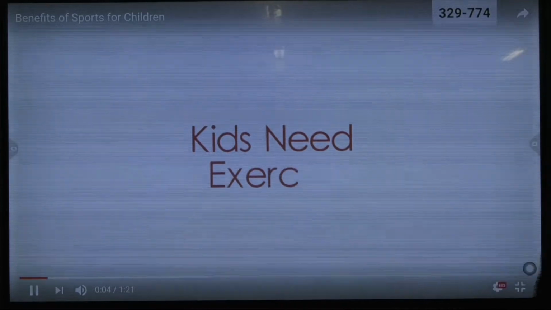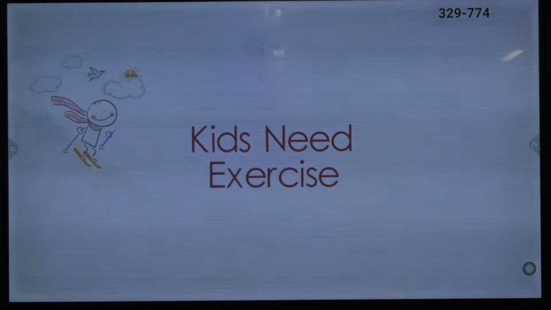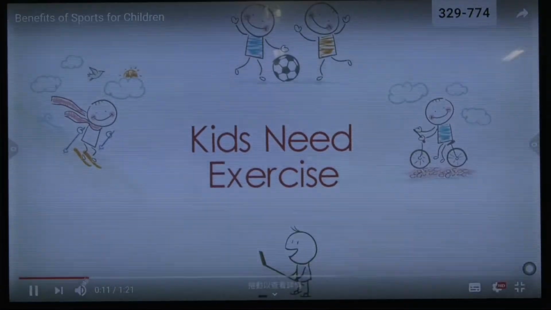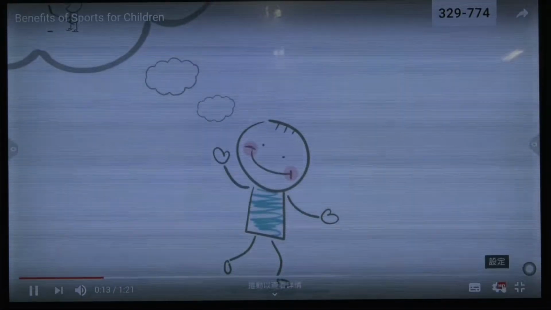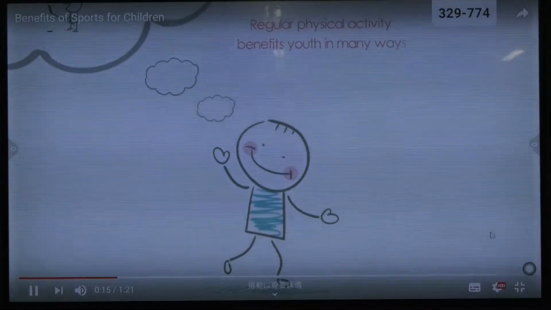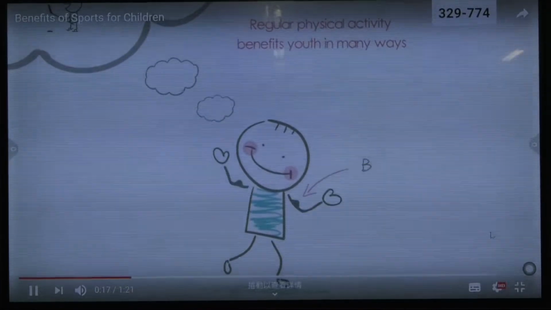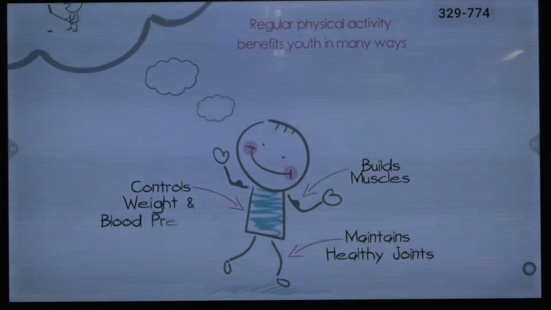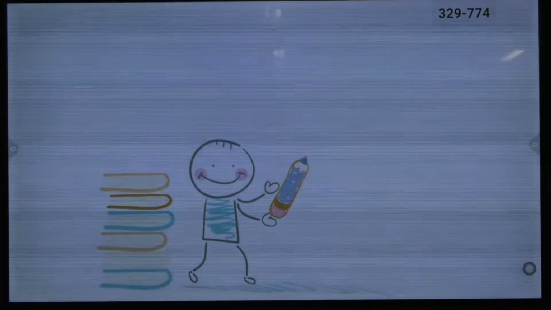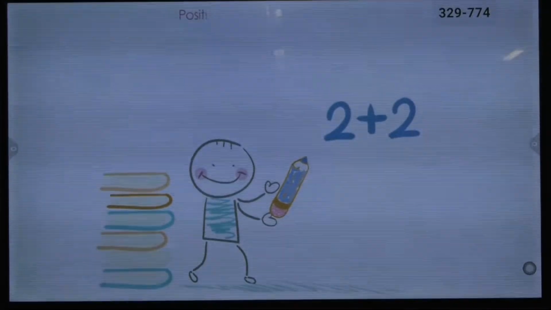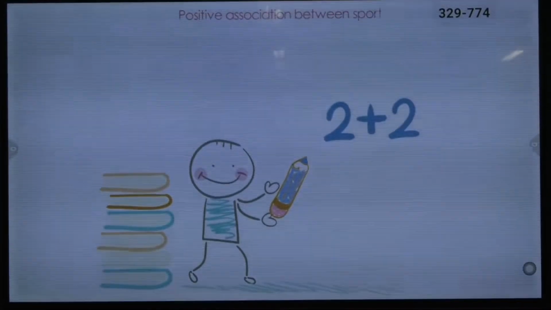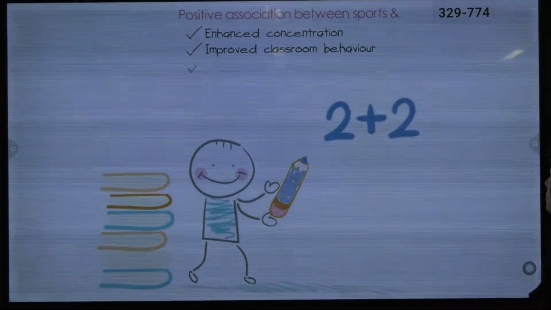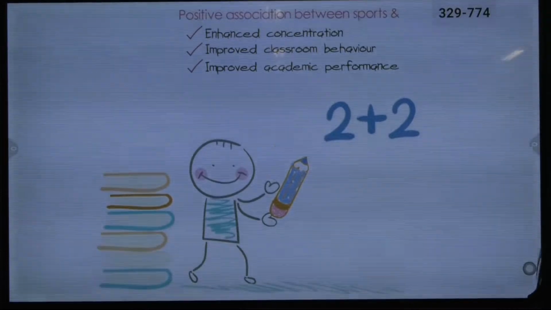Kids need exercise. Whether it's hitting the slopes, playing soccer, going for a ride, or playing hockey. Whatever the sport they play, regular physical activity benefits you in many ways. It builds muscles, maintains healthy joints, and controls weight and blood pressure. Exercise can also benefit children academically. Research has suggested a positive association between sports and enhanced concentration, improved classroom behavior, and improved academic performance.